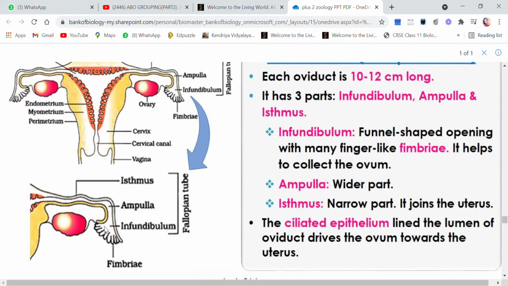Now, as the egg or ovum is captured by the fimbriae, it is pushed into the infundibulum. Then the ciliated epithelium inside will help the ovum to move forward towards the uterus.